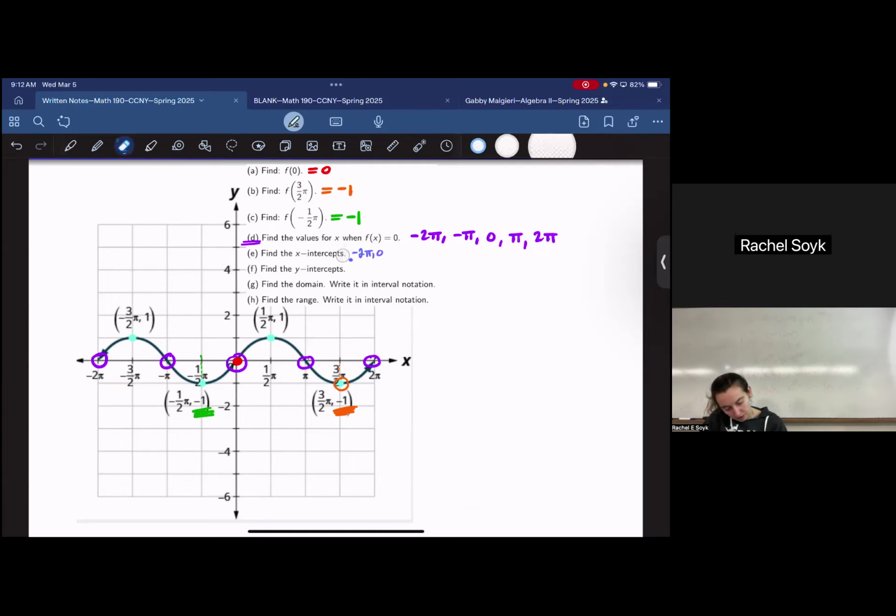What's our next x-intercept? Good. Keep going. 0, comma 0. Pi, comma 0. And our last one, 2 pi, comma 0. Awesome.